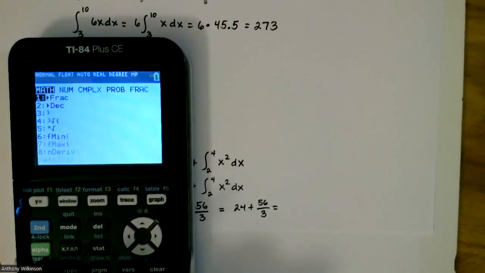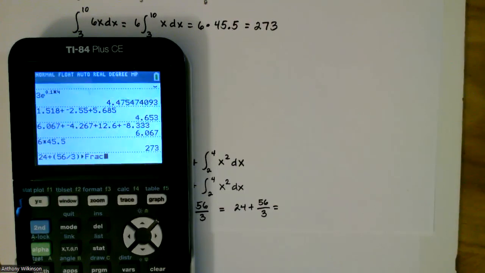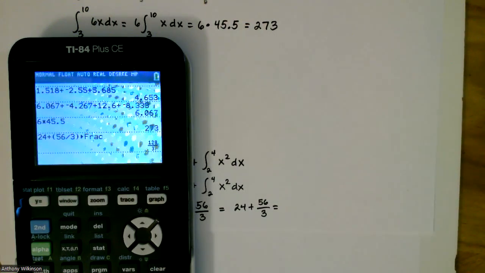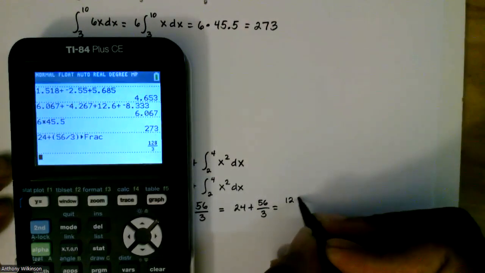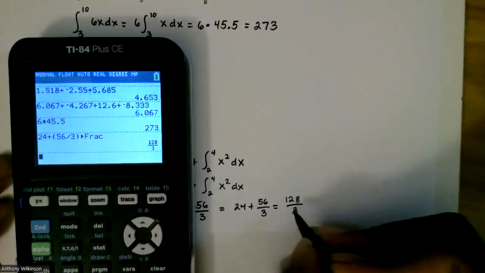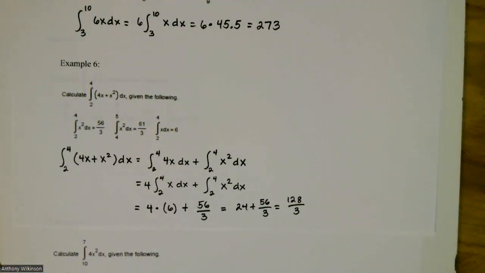To change that to a fraction, I press the math key on the left side, select number 1 for fraction, and then hit enter. That will end up being 128 over 3. So in this case here, the integral from 2 to 4 of 4x plus x squared dx would end up being 128 over 3.